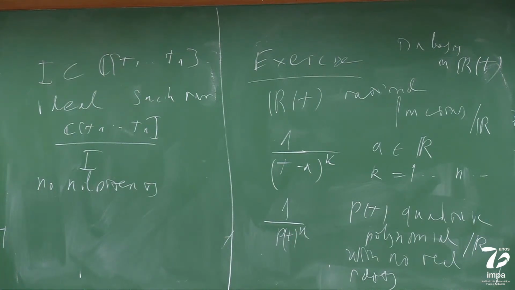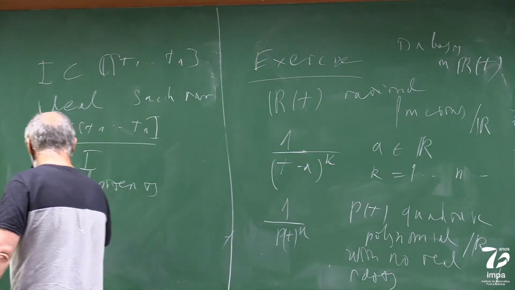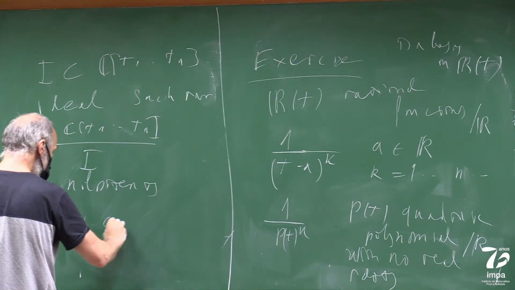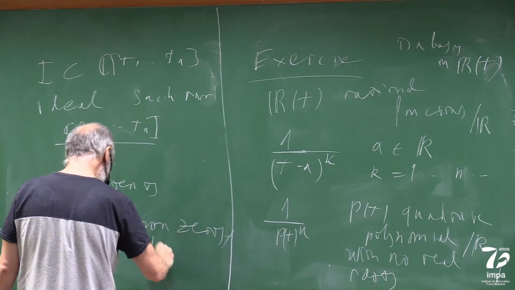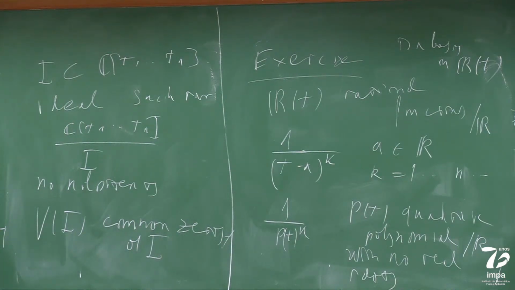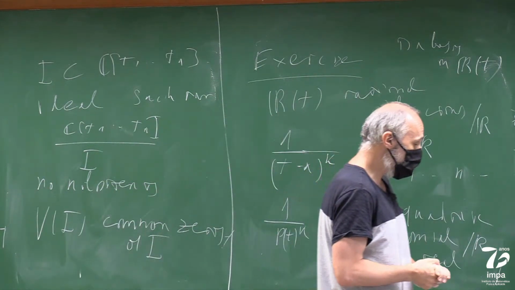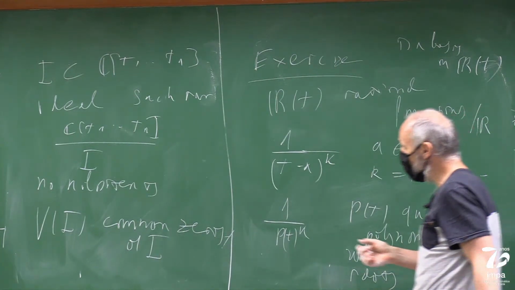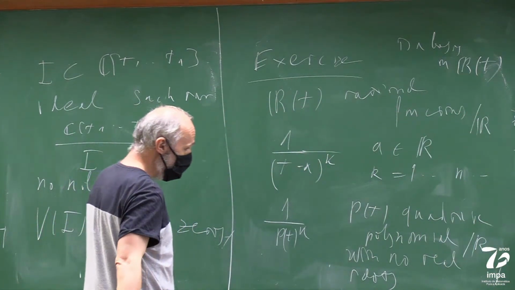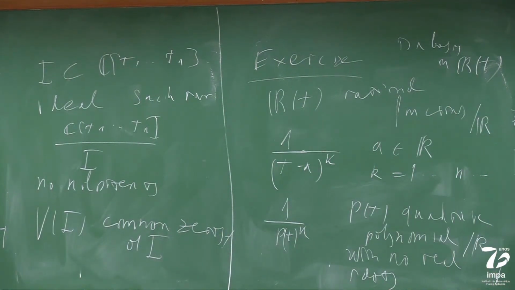Then this ideal is entirely determined by its common zero set. So you take V of I, the common zeros of I, and it turns out that you can reconstruct this ideal from the set of common zeros. This is one of the applications of the theorem which I gave. What I gave you is a special case of this more general theorem. And of course, it is used to produce this equivalence of categories. But of course, I didn't define categories, so I'm stopping now. Thank you.